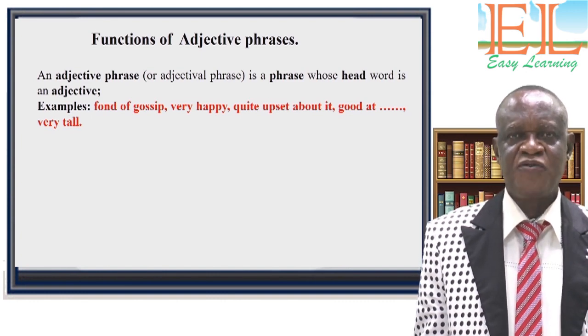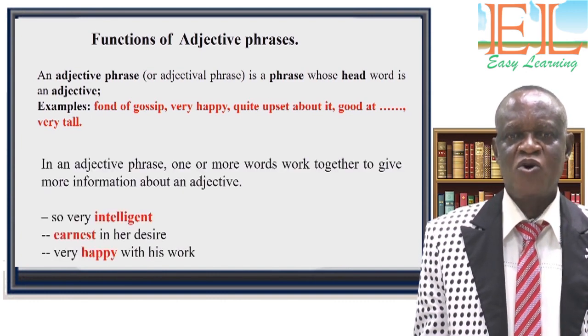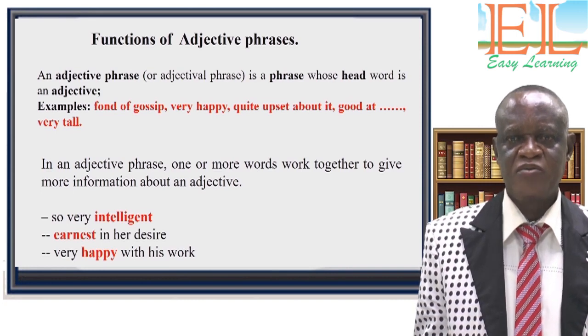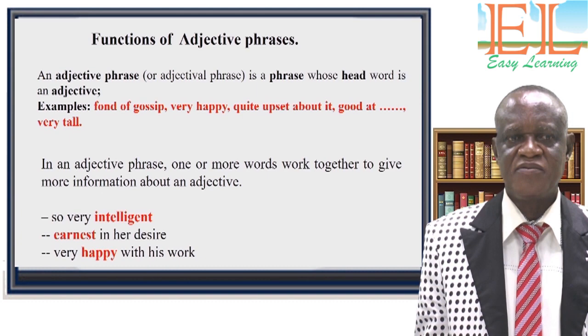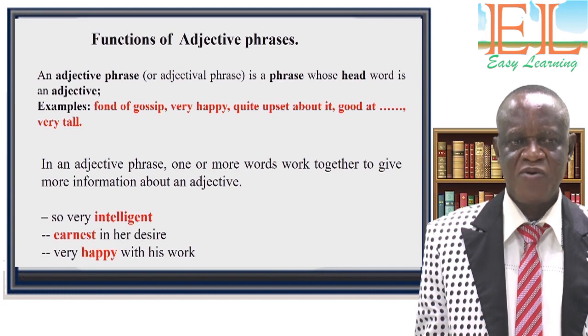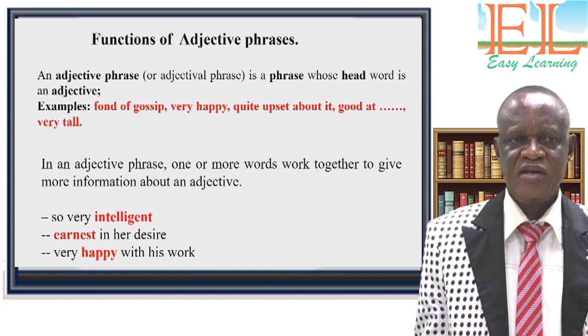In an adjective phrase, one or more words work together to give more information about the adjective. Examples: so very intelligent. We have so and very providing information about the adjective intelligent.